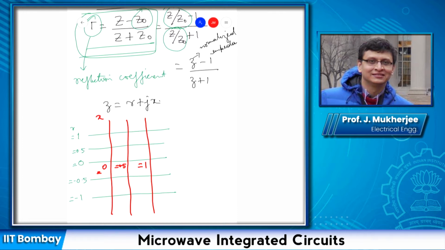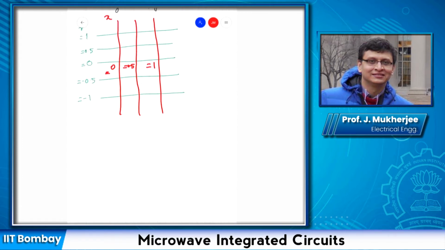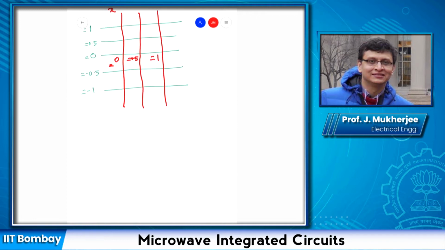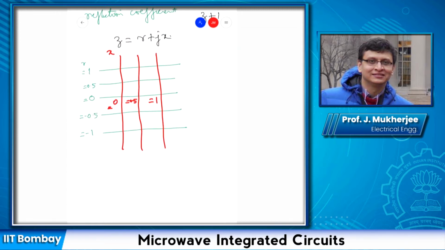So what this bilinear transformation does is it transforms these horizontal green lines. Okay. Now just a small correction. These are R, which is given by this, and X is given like this.